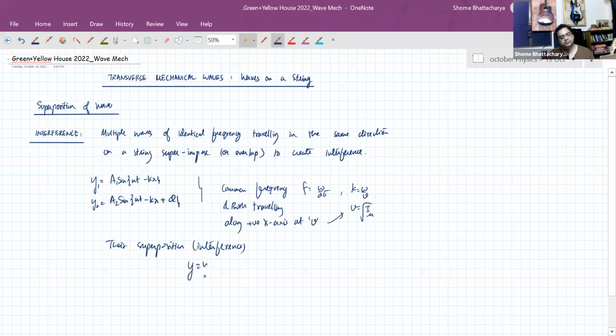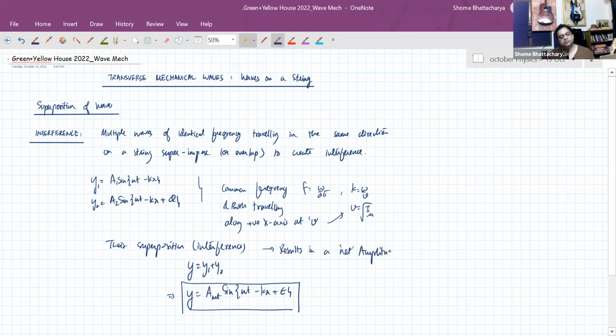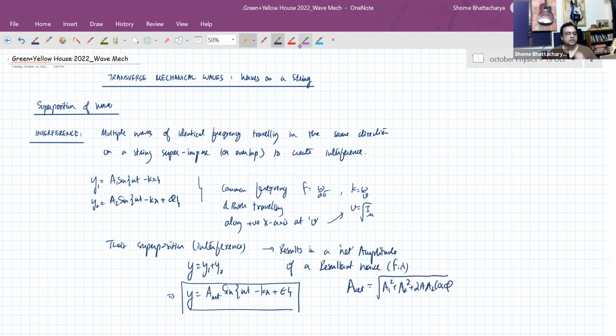This results in some net amplitude of a resultant wave of the same frequency f and lambda given by this formula. So this is a brief recap of the last lecture's discussion.